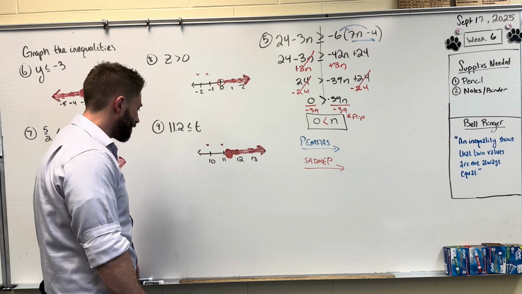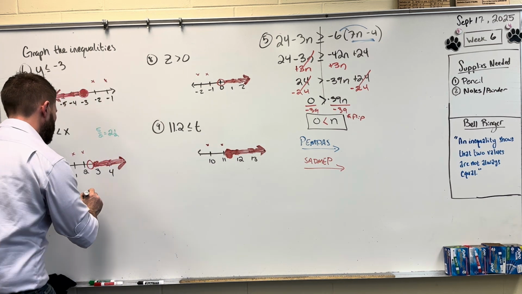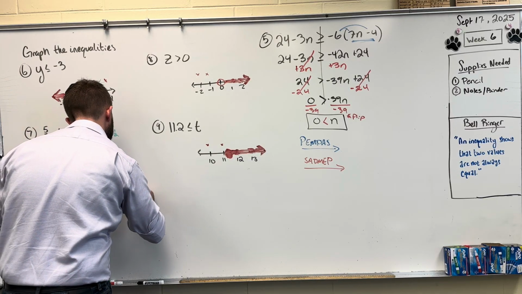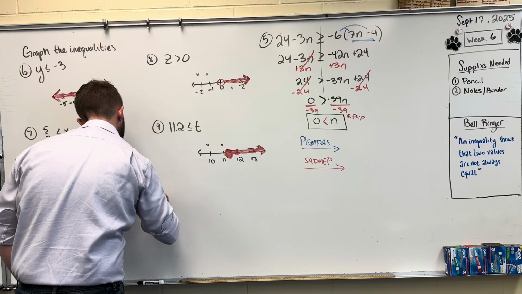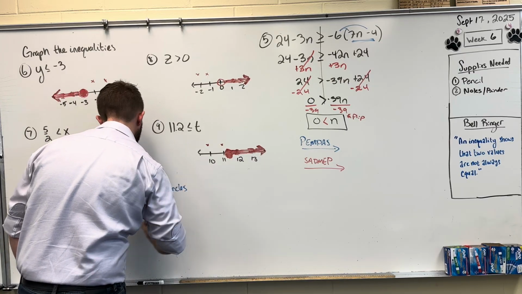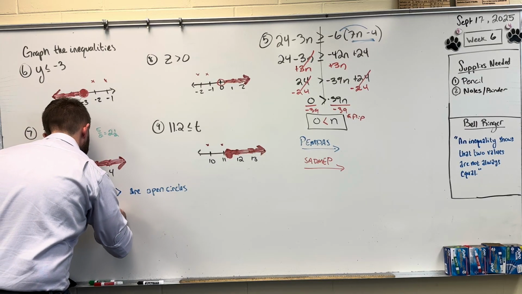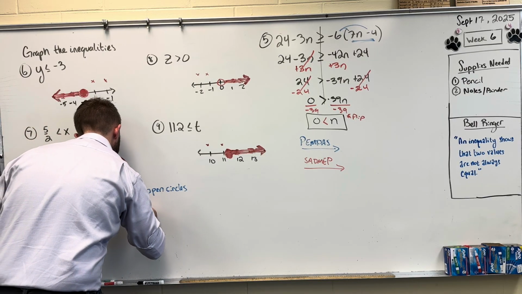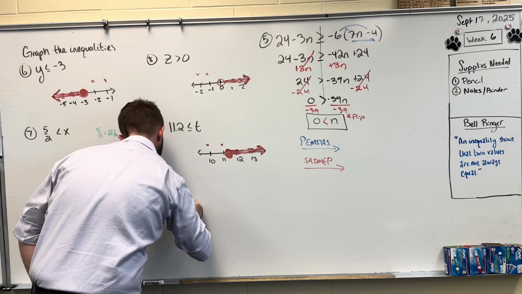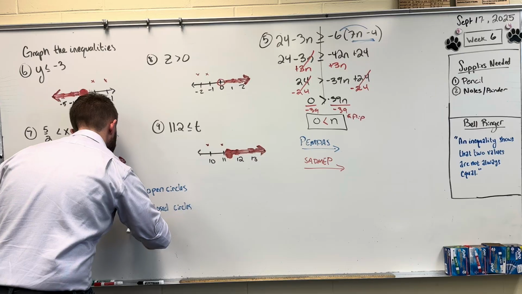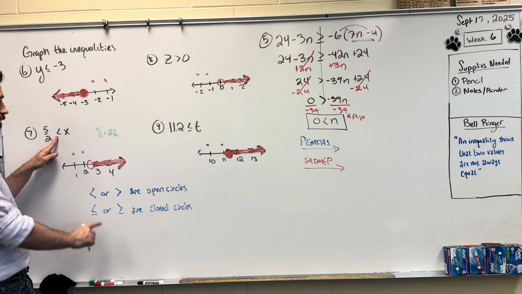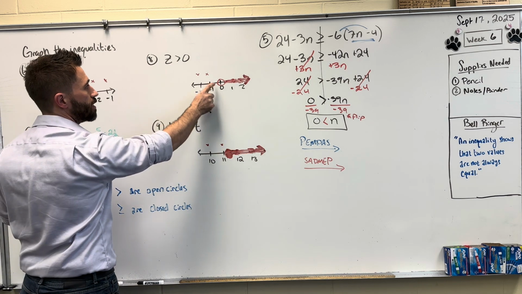Okay, so we have a rule based off of this. And this is our last and final rule. We have these two signs are always open circles because they're not part of the set.